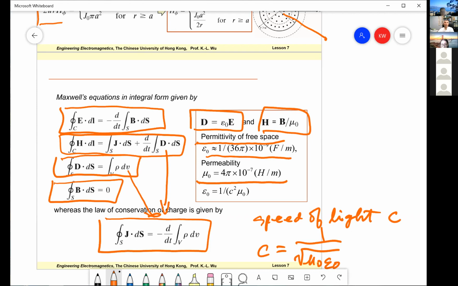That means these two parameters are calibrated to the speed of light, because light is a kind of electromagnetic wave. So this regulates the speed of electromagnetic waves.